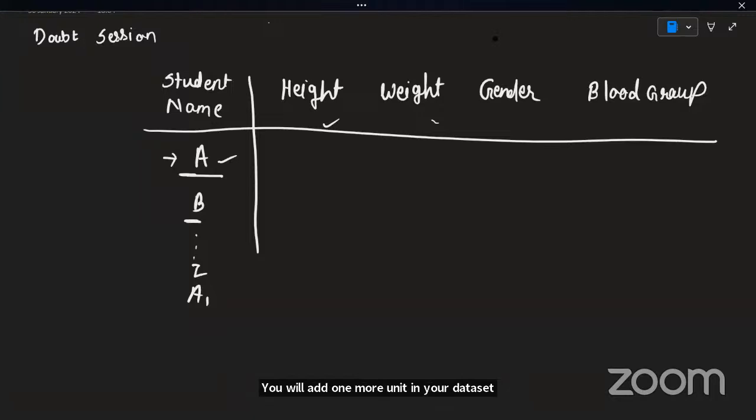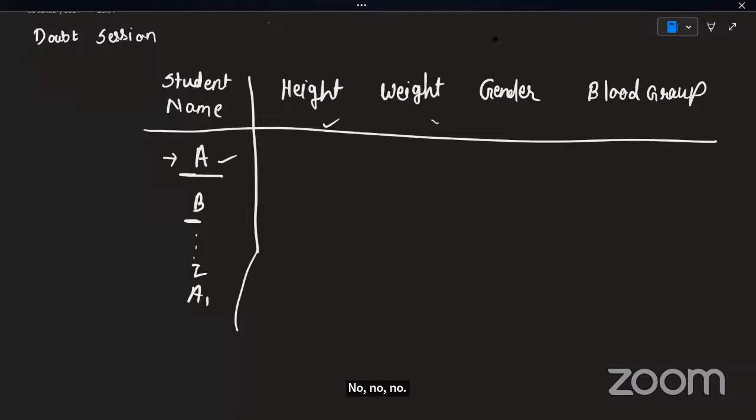Ma'am, suppose we are collecting data for A and another name is also A, but the data are different, will we consider them as a case? Students are the cases, but you have to give some reference to each student, like the roll number. The definition says cases should be uniquely identified in each row, so if the names are the same you assign a number.